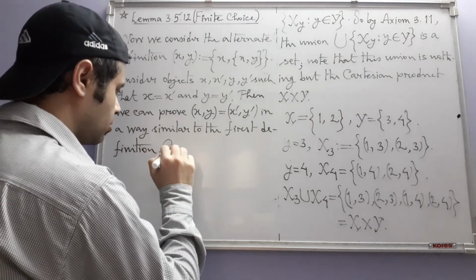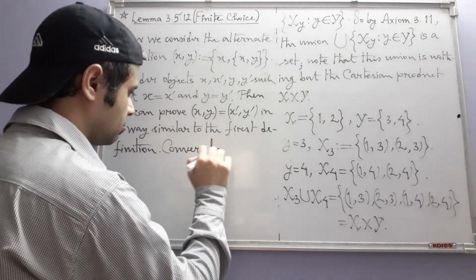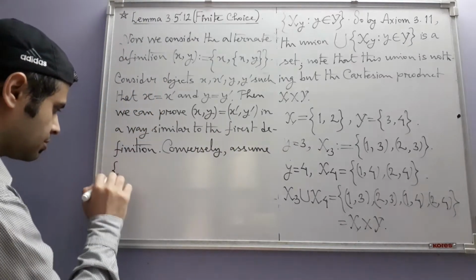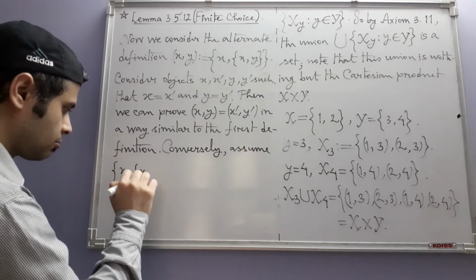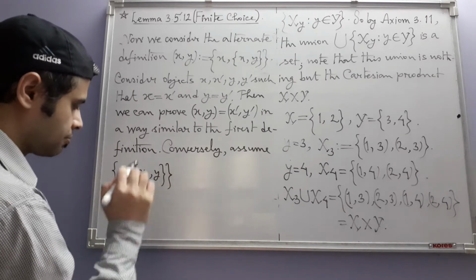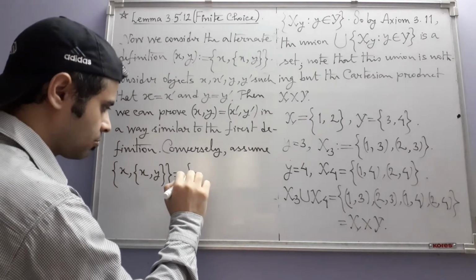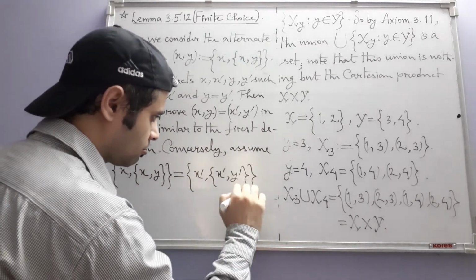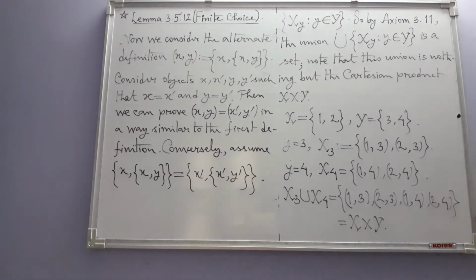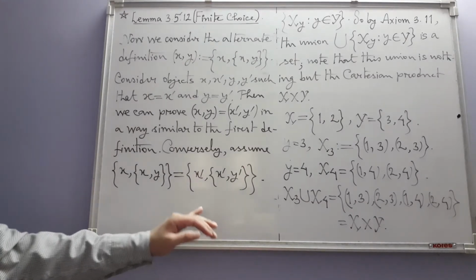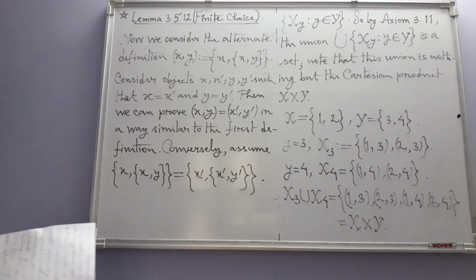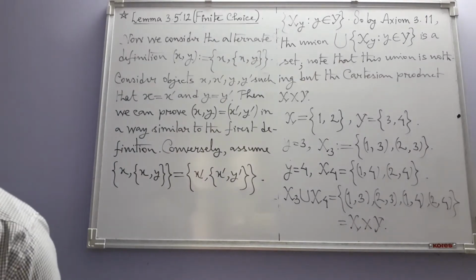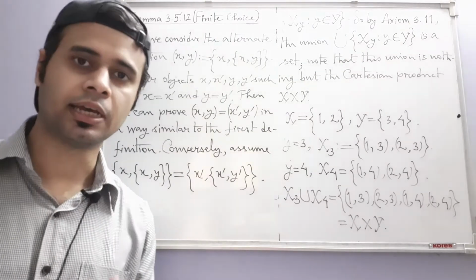Now conversely, assume this. From this we now have to prove that x is equal to x prime and y is equal to y prime. And here the thing becomes somewhat complicated, because x itself may or may not be a set.